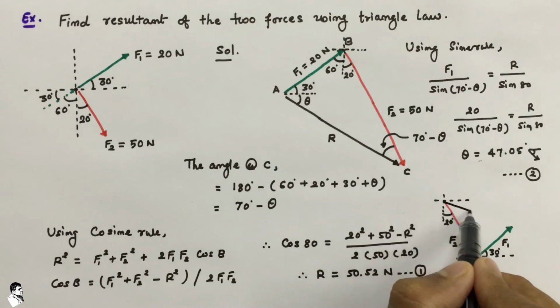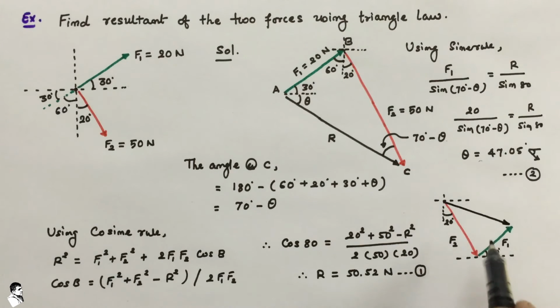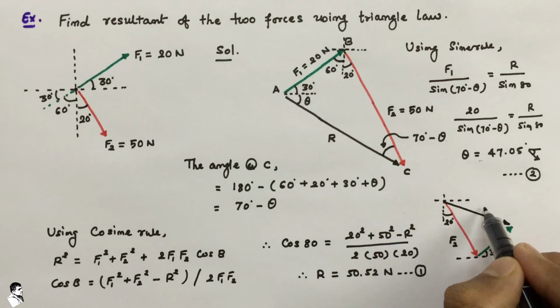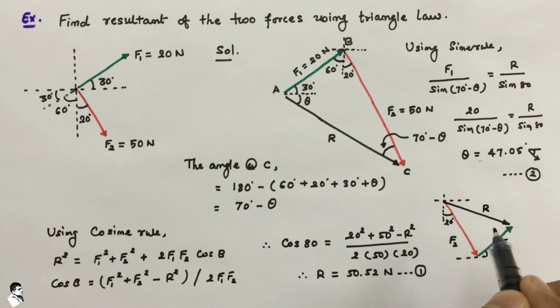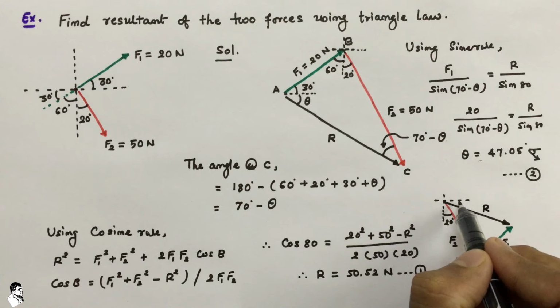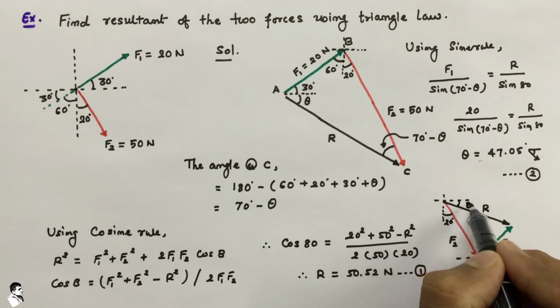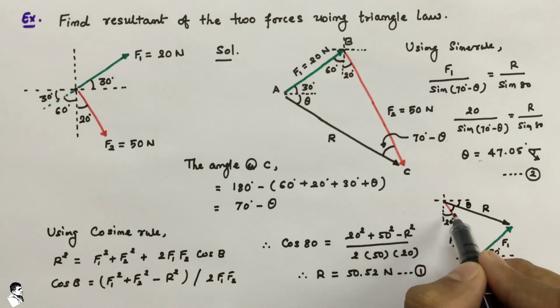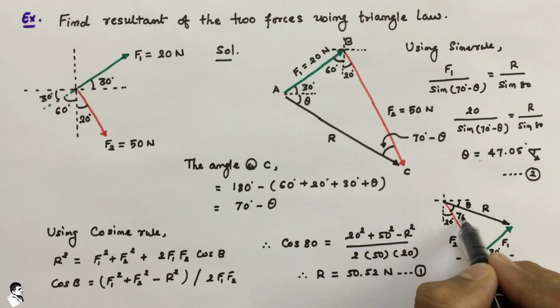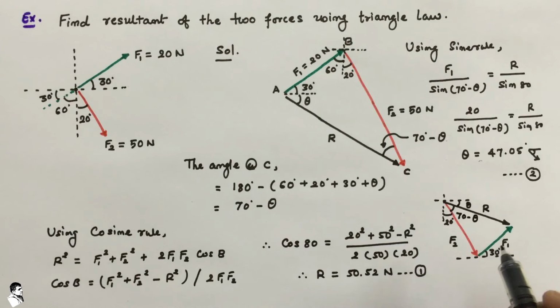Then we require to join that in reverse order with the third side of that triangle, that is R. So now here this is theta. If you count that, this is again 70 minus theta, and this angle that would be 80. Again here we can take a 70 degree, and this is 30 degree, right?